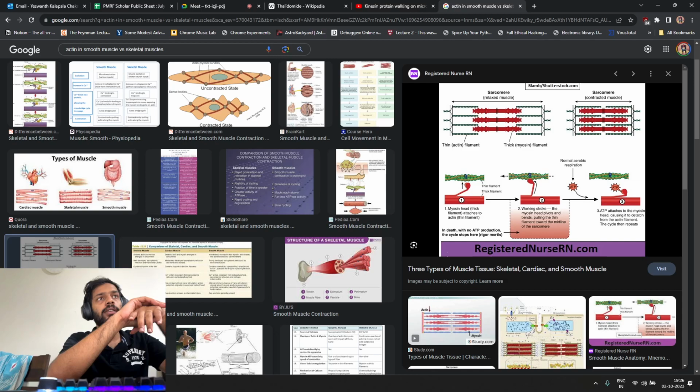Essentially, if you look at the actin that's present in smooth muscle, skeletal muscle, or the cell, it's all the same. The main difference comes from the way the actin, microfilaments and microtubules are organized. Even in smooth muscles and skeletal muscles, they are organized in such a way that it's a tissue level phenomenon.